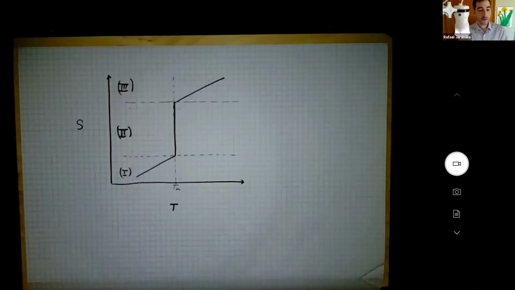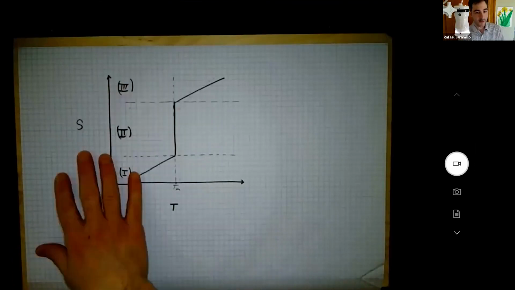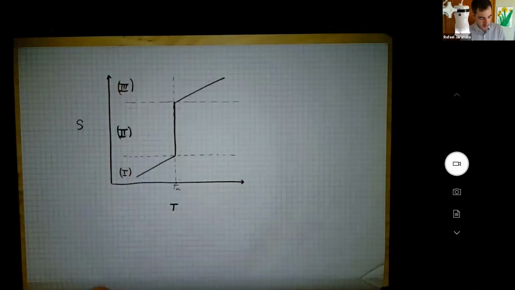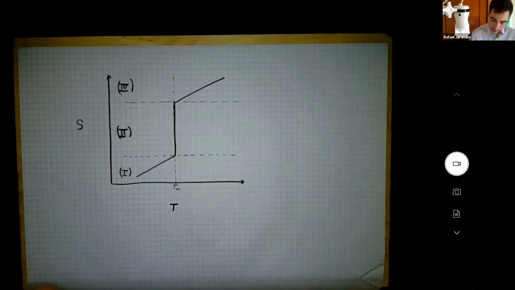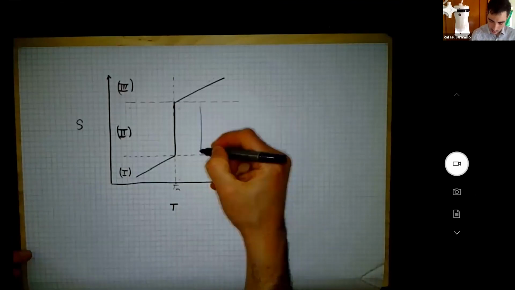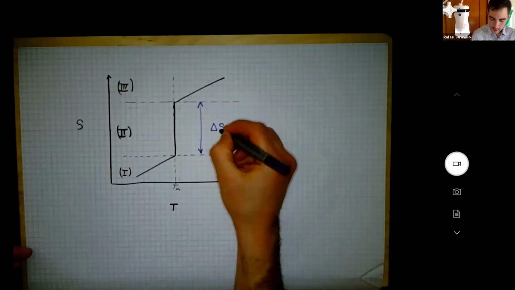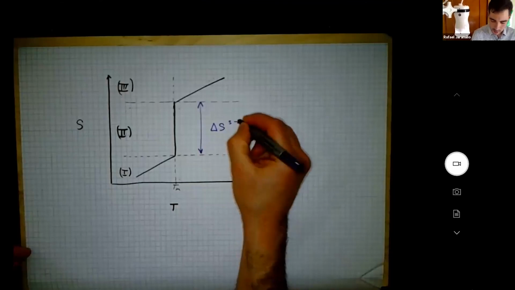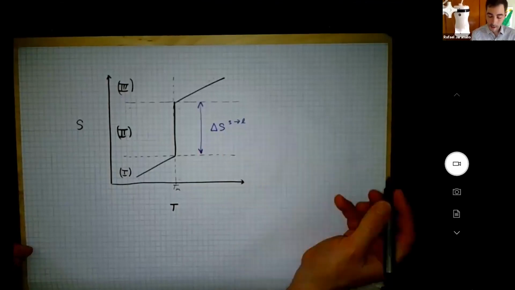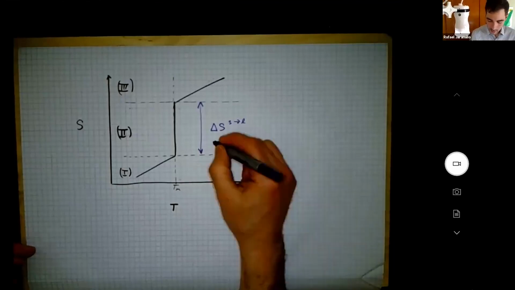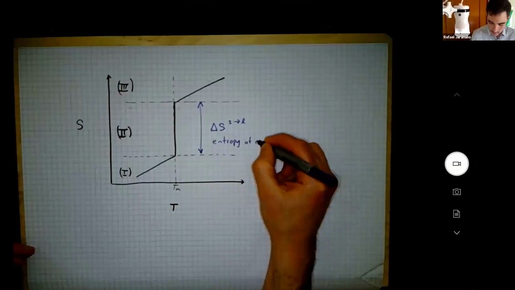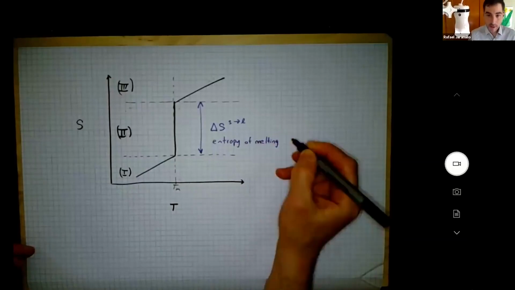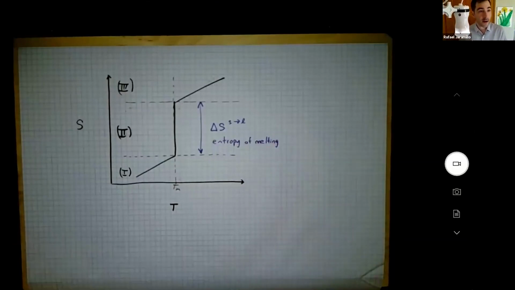Right. So this is the parametric plot of entropy versus temperature. And there's an important quantity here: delta S solid to liquid, the entropy of melting. So this is a quantity you're going to find in the databases. In fact, you'll find it in the appendix of the textbook.